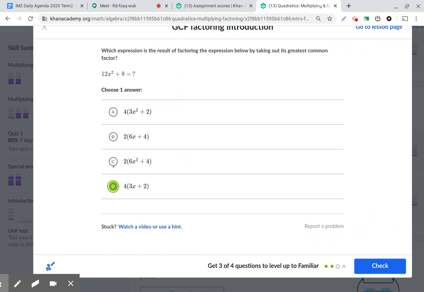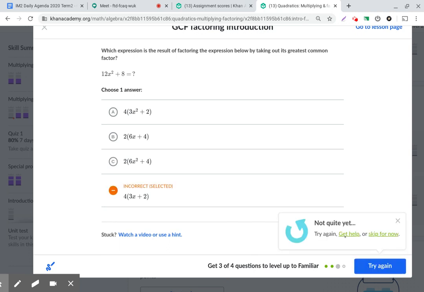12x squared, 8. Greatest common factor. So this one's greatest, which means the biggest number. Oh, wrong. Greatest would be... Oh, it has x squared. Darn it.